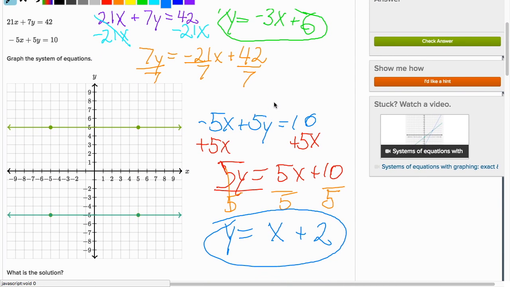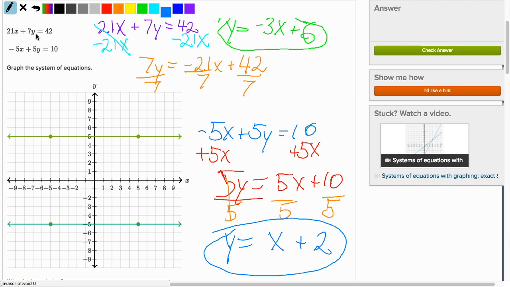We got y equals negative 3x plus 6. So we will go to the y-intercept, plus 6 for this line. We have a slope of negative 3, so we'll go over 1 and down 3.